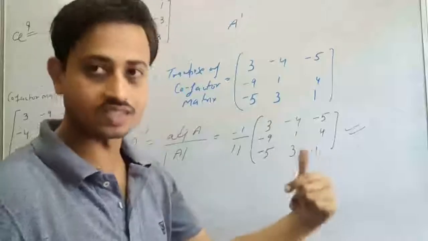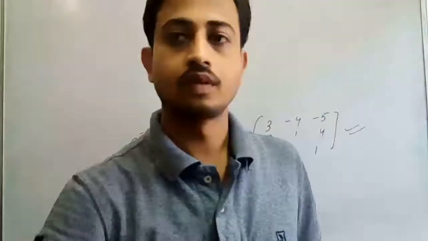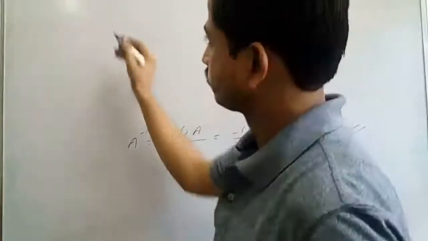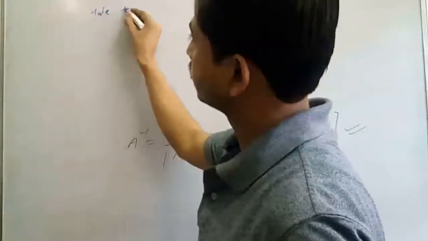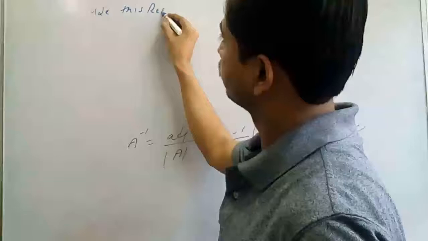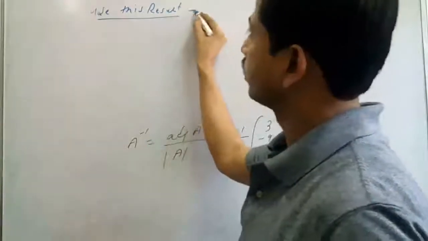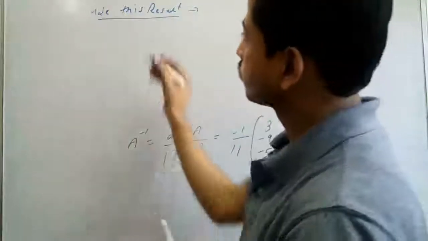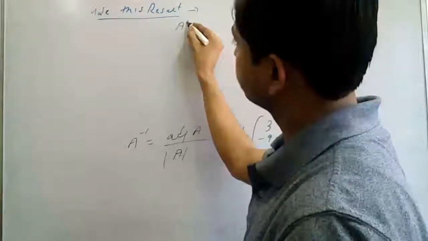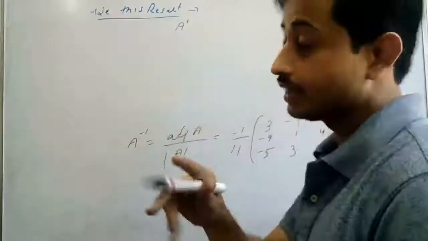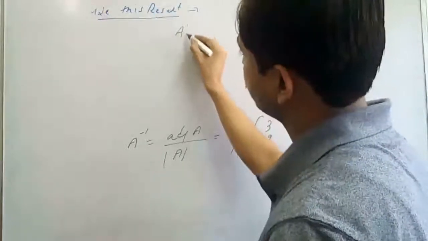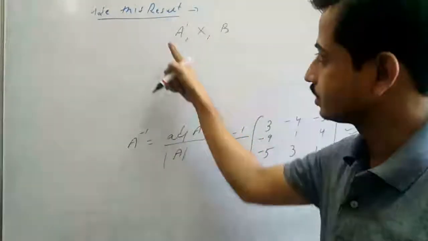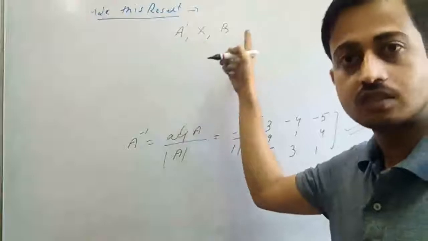Please make a note first, and do this very carefully. We have a matrix A transpose, X and B. We have three matrices: this is the coefficient matrix, this is the variable matrix, this is the constant matrix.